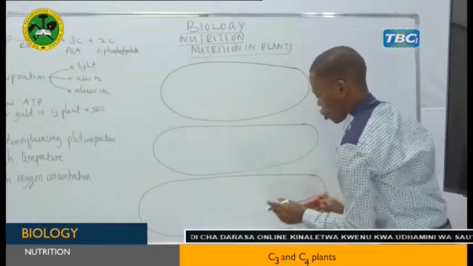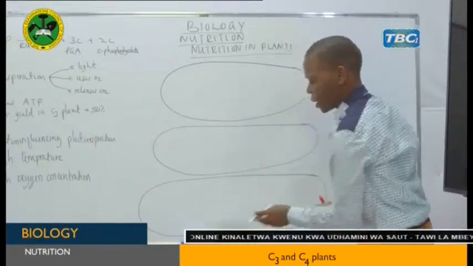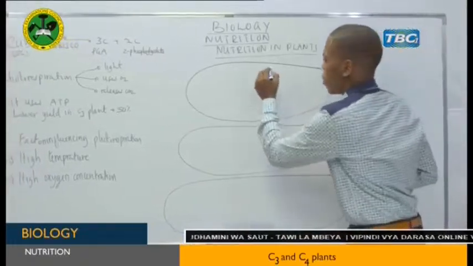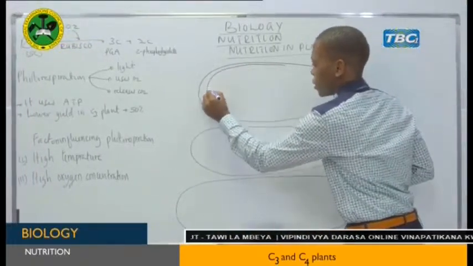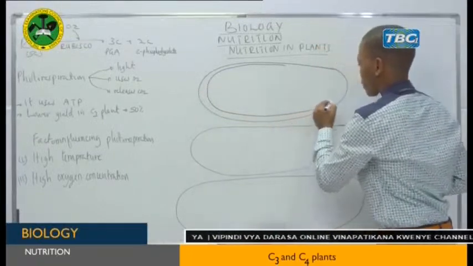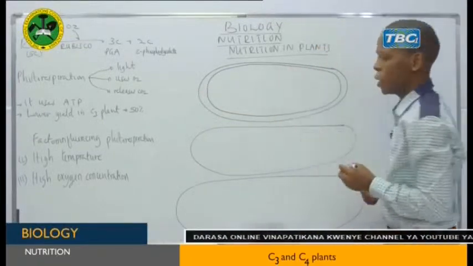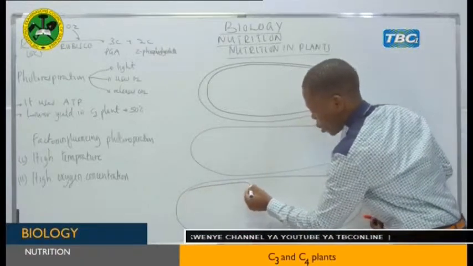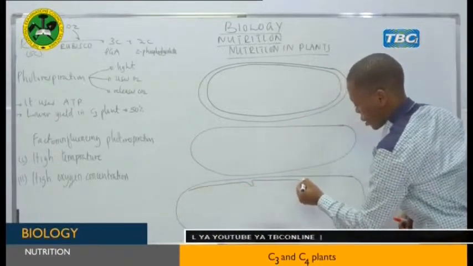This is mitochondria. But from the concept of cytology, this is a double membrane organelle, and also this is a double membrane organelle with a folding.